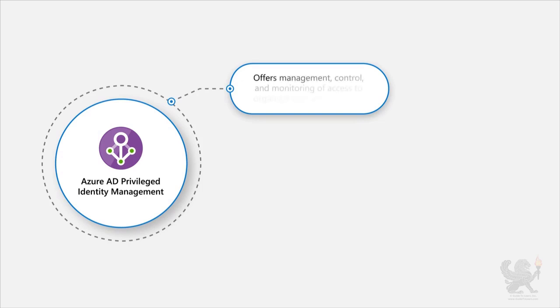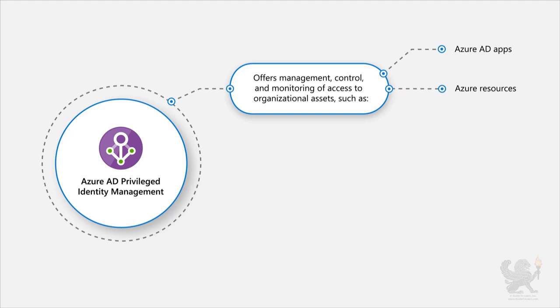PIM facilitates the management, control, and monitoring of access to organizational assets. These assets include Azure AD applications, Azure resources, and other Microsoft online services, such as Microsoft 365 or Intune.